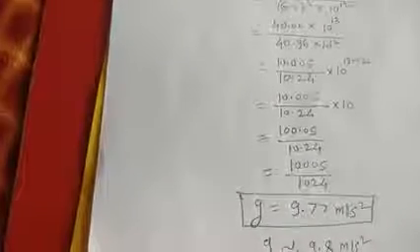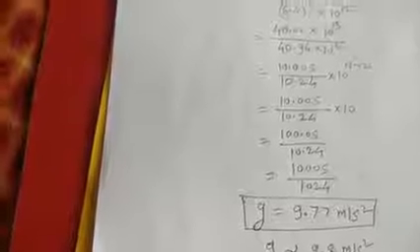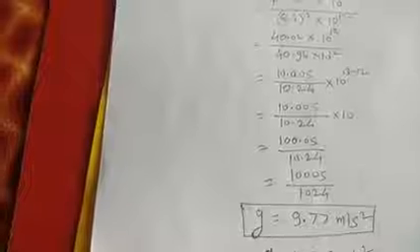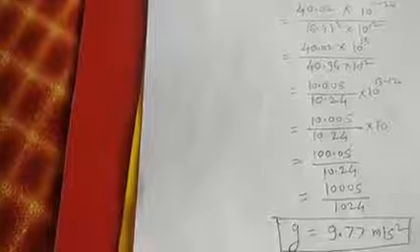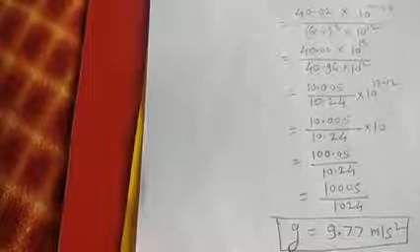Now, you may have a question in your mind. Is this value of g the same everywhere on the surface of the earth? No, this value of g is not the same everywhere on the surface of the earth. The value of g is highest at the poles, which is 9.832 meter per second square, and it is lowest at the equator, which is 9.78 meter per second square.